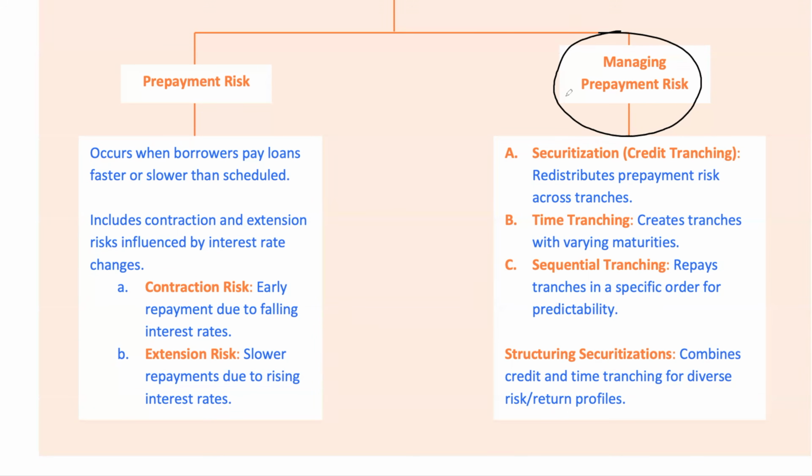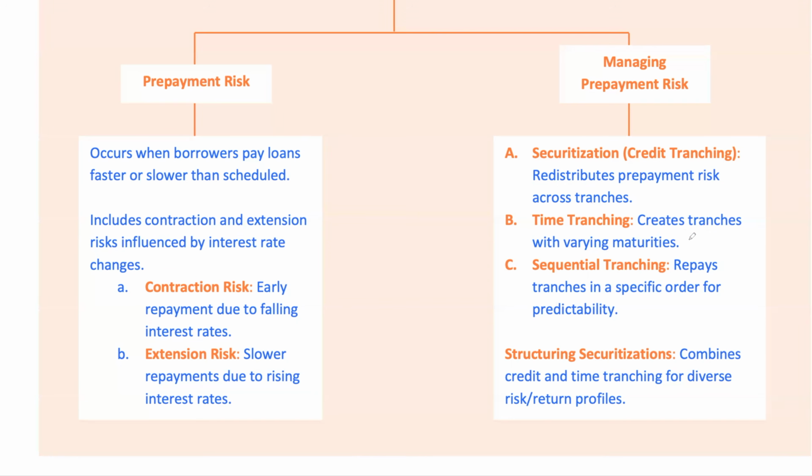Managing prepayment risk is a complex part of MBS structuring. Securitizations use credit tranching to redistribute risk across different tranches, like senior subordinated structures, where senior tranches are shielded from defaults, giving investors more predictability. Another method is time tranching, which creates tranches with varying maturities to cater to investors with different time horizons.